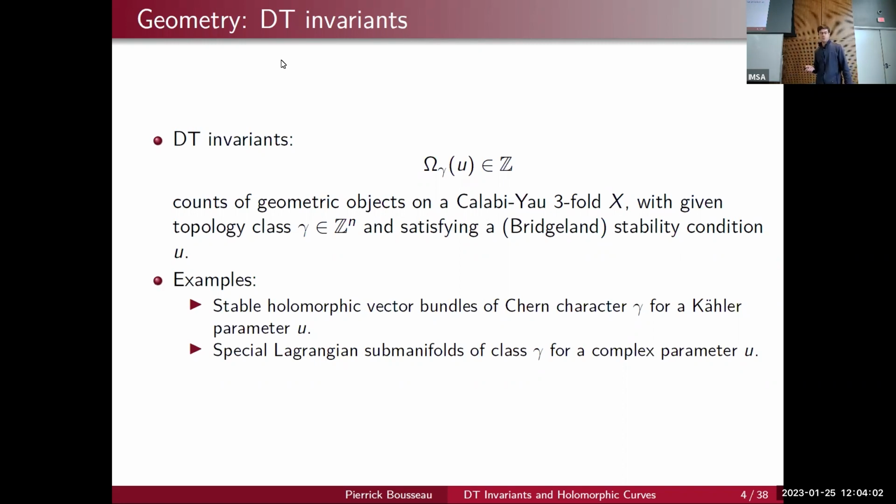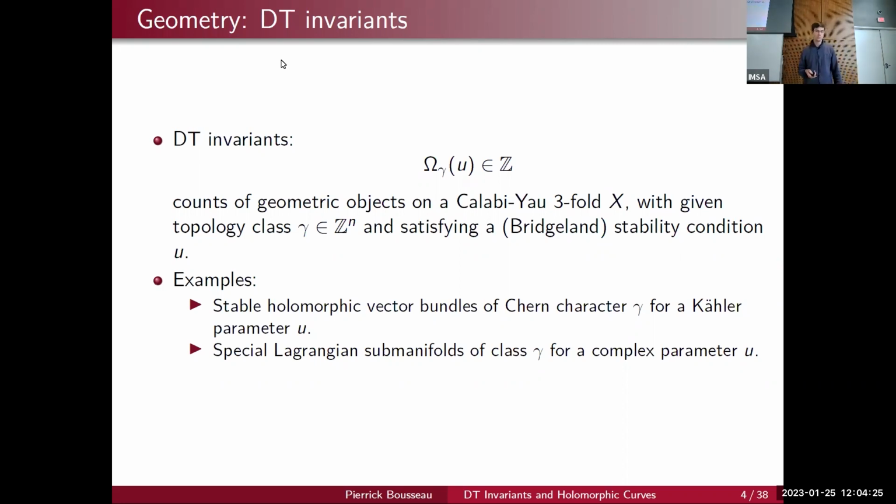And they are also indexed by this parameter u, which is a stability condition, typically a Bridgeland stability condition in the derived category of coherent sheaves or Fukaya category of X. And Ω_γ(u) is in some sense a count of stable objects with respect to this particular stability parameter.